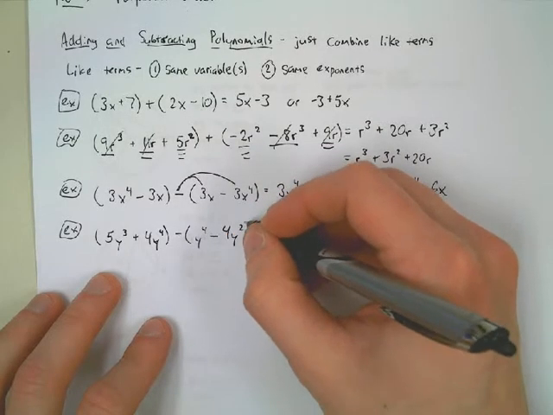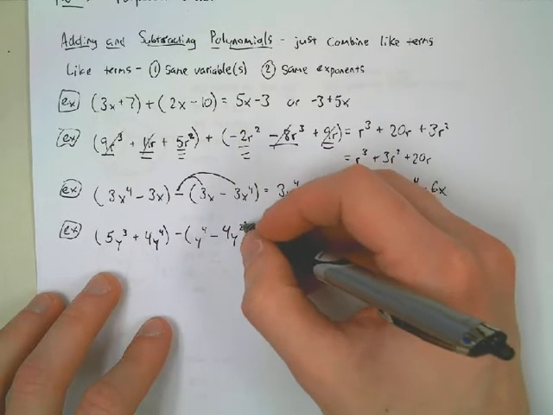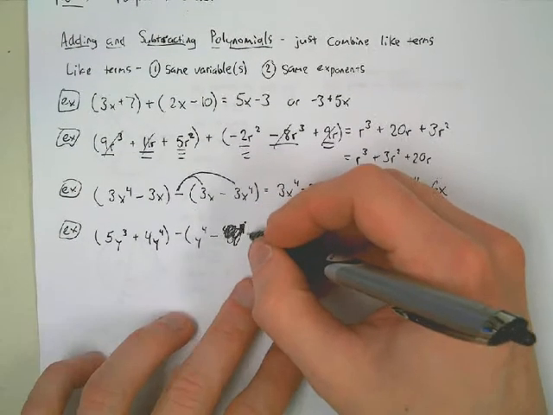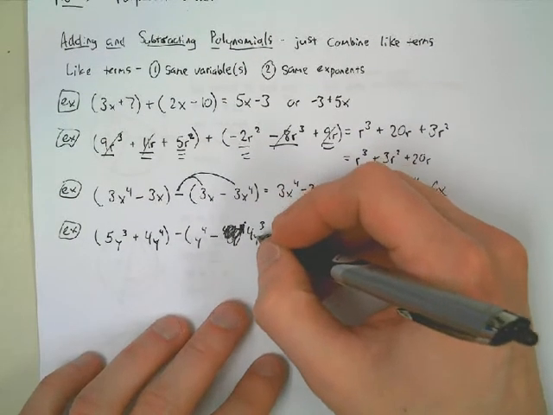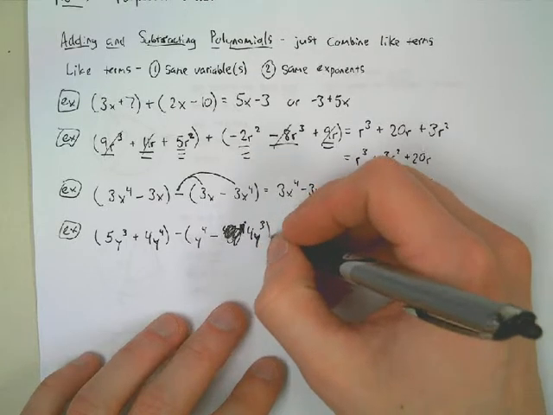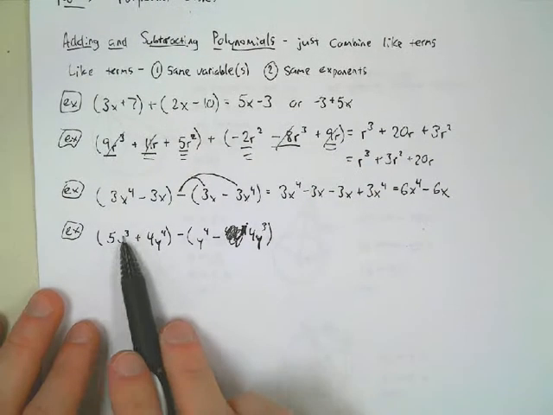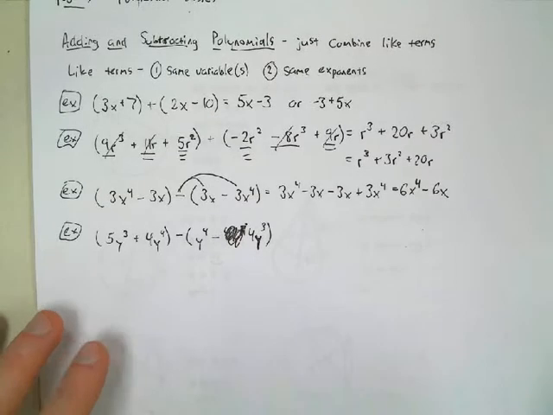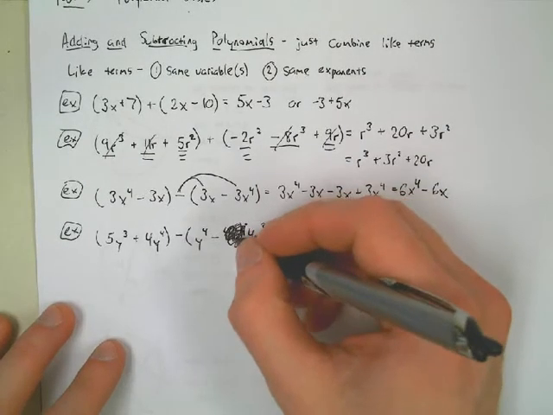Oh wait, I want to do 4y to the fourth, sorry. Okay, there you go. Sorry, I made a mistake. So it should be 5y cubed plus 4y to the fourth minus y to the fourth minus 4y cubed there. So just ignore that little thing in the center.